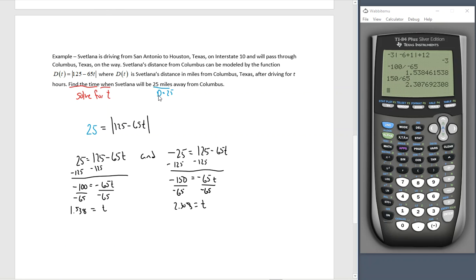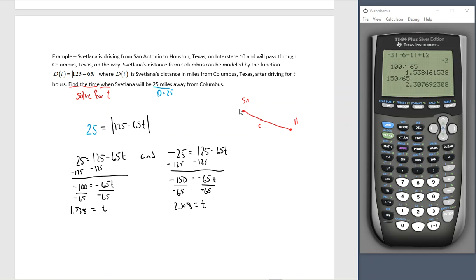Find the time when Svetlana will be 25 miles away from Columbus. Now think about this. Here's what we have going on. We have San Antonio and we have Houston. Pardon my geography. I happen to know Houston is east of San Antonio, but I don't remember if it's due east. Doesn't matter. Somewhere here we have Columbus.